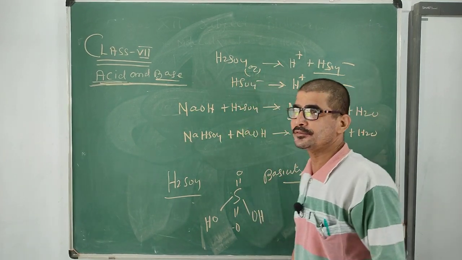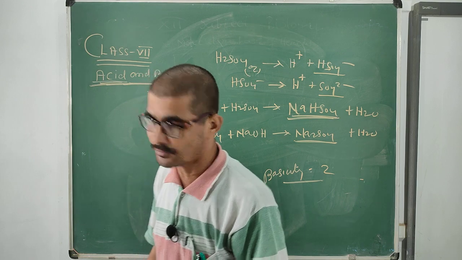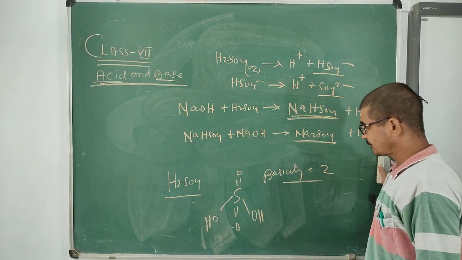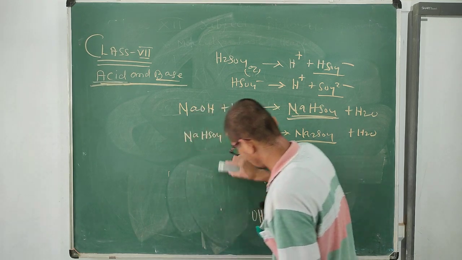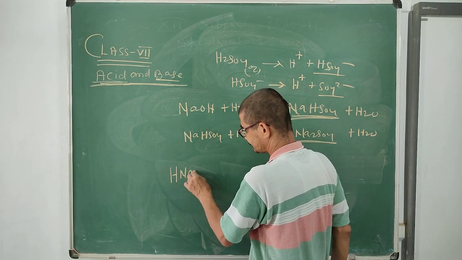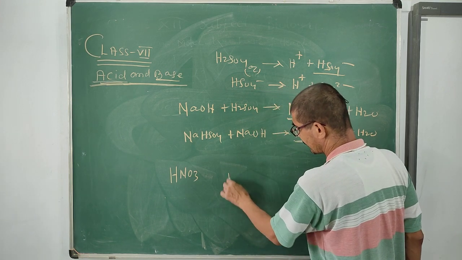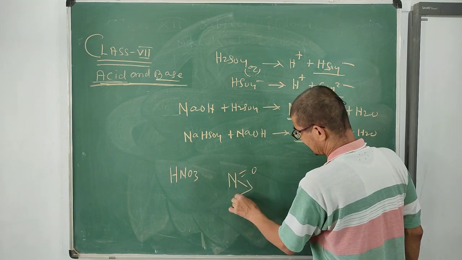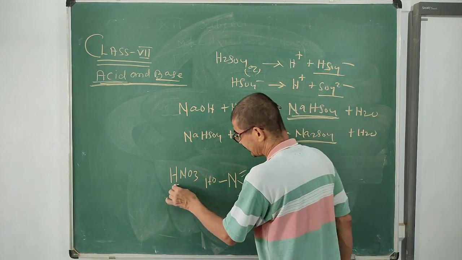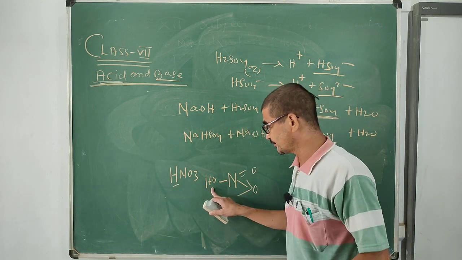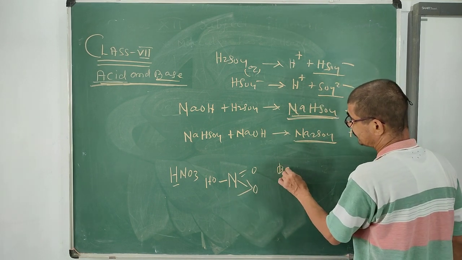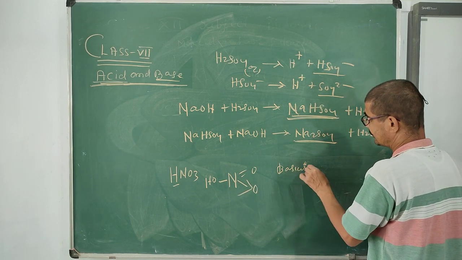If the acid has basicity 1, then it has the ability to form one type of salt. I am just going to take another example whose basicity is 1. In case of nitric acid, after writing the structure we can see that the number of hydrogen is 1 and this hydrogen is attached to the oxygen atom here, so it is a replaceable hydrogen, so basicity equals 1.